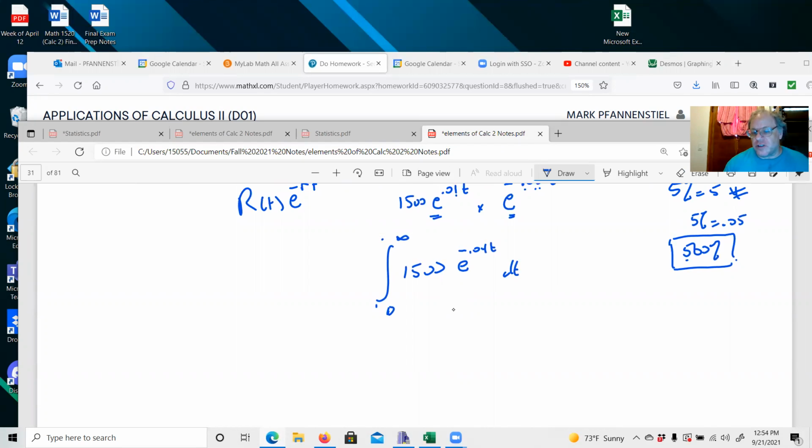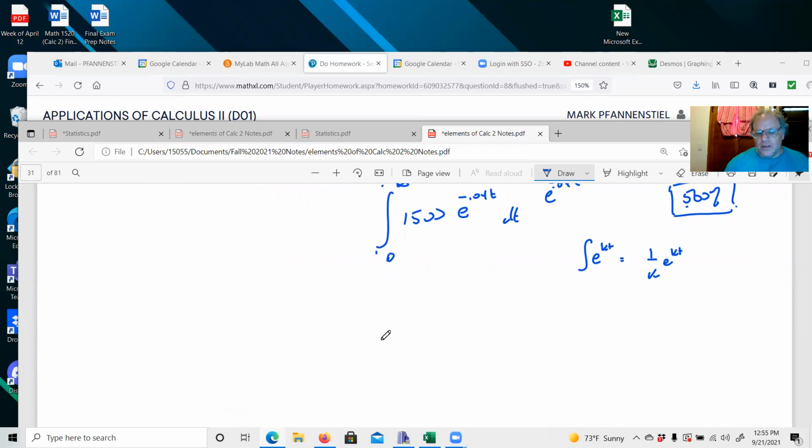If you need to use a u substitution, then go right ahead. But we just did an integral that looked like e to the kt. We said that's 1 over k, e to the kt. So we're going to move the 1500 outside.